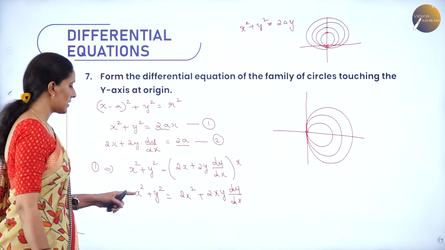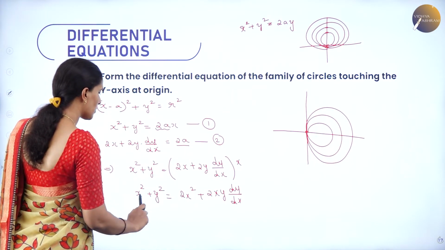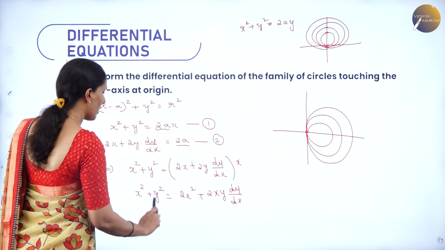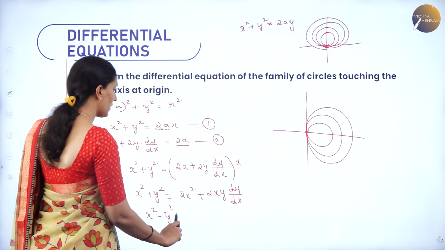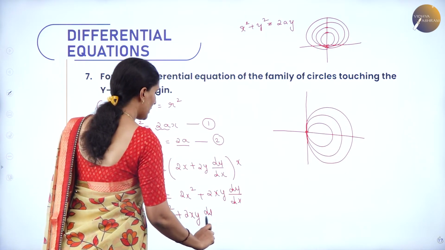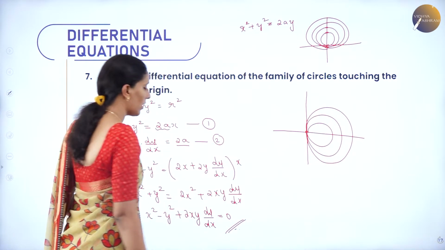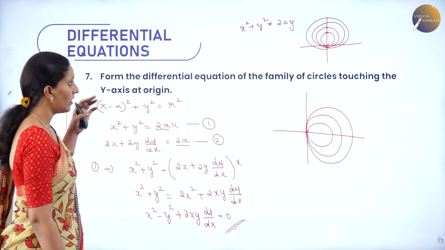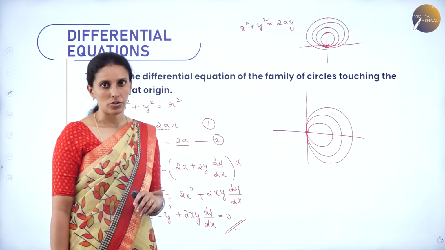On the left hand side we have x square. So when you subtract, 2x square minus x square is x square, y square becomes minus y square, and here we have plus 2xy dy by dx is equal to 0. So this is the required differential equation of the family of circles touching the y-axis at origin.